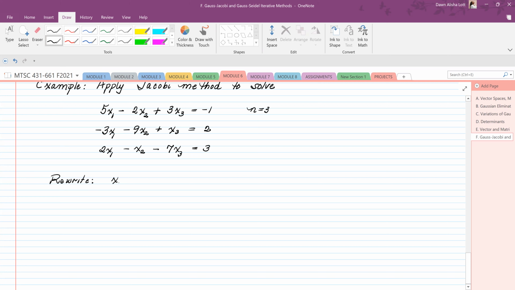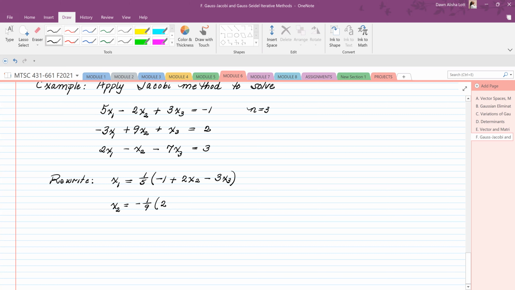Okay, so now we rewrite it. And we get x1 is equal to 1/5 of -1 plus 2x2 minus 3x3. Then we get x2 is equal to -1/9 of 2, okay, that's a problem.